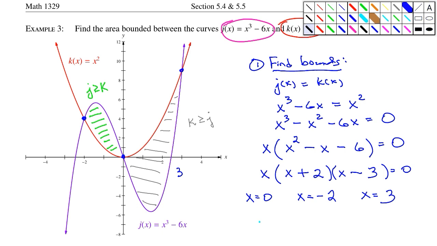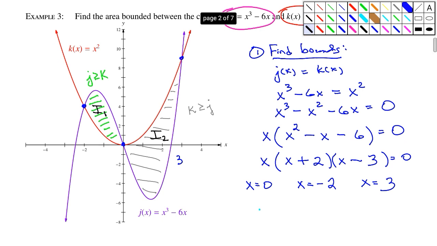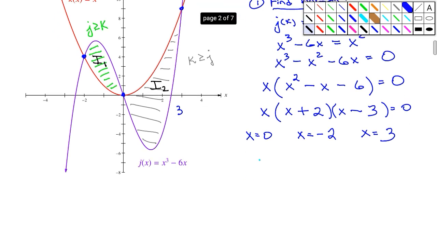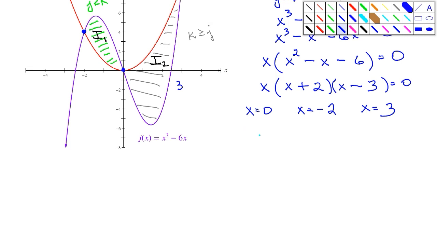Now let's go ahead and call this I1 and I2 for integral 1 and integral 2. You can call them A's too, doesn't matter. And so the total I is going to be I1 plus I2. Now we compute these separately.